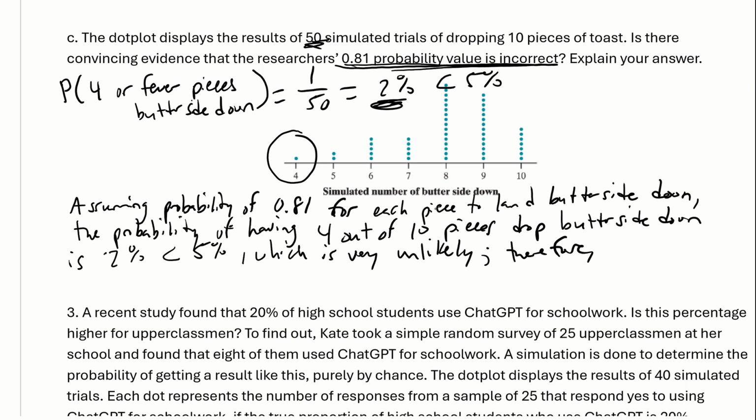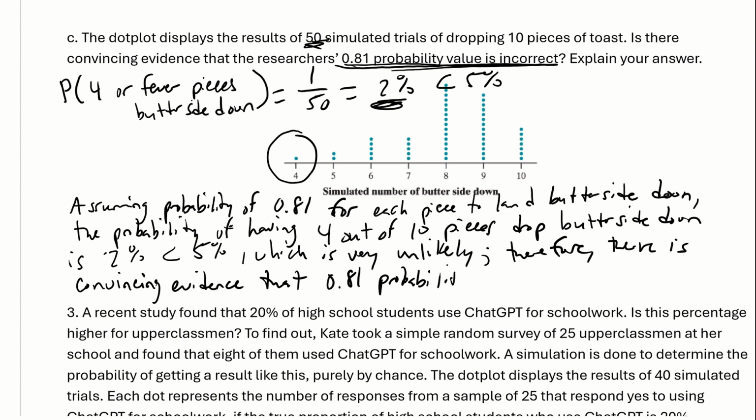Therefore, there is convincing evidence that the 0.81 probability is incorrect.